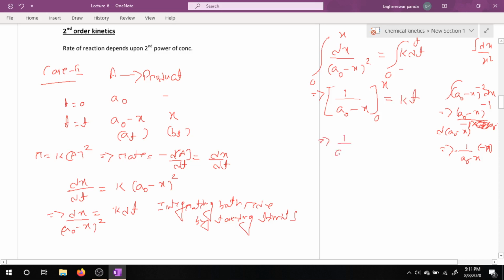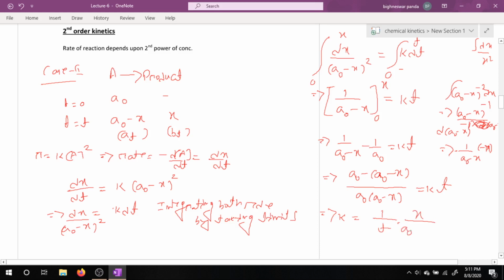By solving this, 1 by a naught minus x minus 1 by a naught is kt, which is x divided by a naught into a naught minus x, equal to kt. So k is equal to 1 by t into x by a naught into a naught minus x. So this is the derivation for second order kinetics.